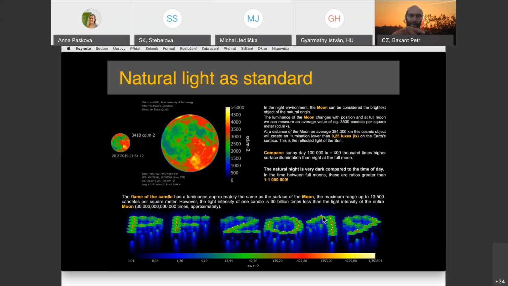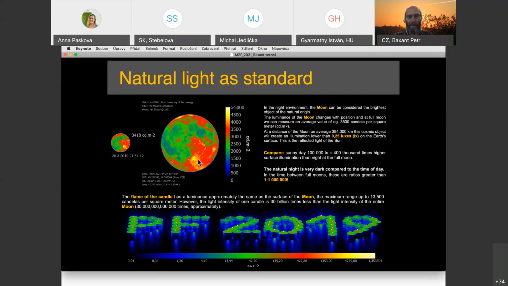This picture shows how the moon looks through a luminance camera, analyzing the luminance distributed on the surface of the moon, the level of luminance of this sky object, and the illuminance caused on the surface of the Earth. In natural conditions, the major source of light, or maybe one of the sources of light at night, is just the moon, which reflects the sunlight.